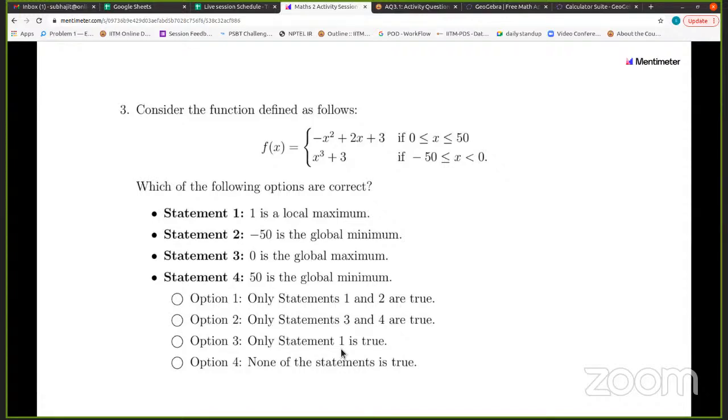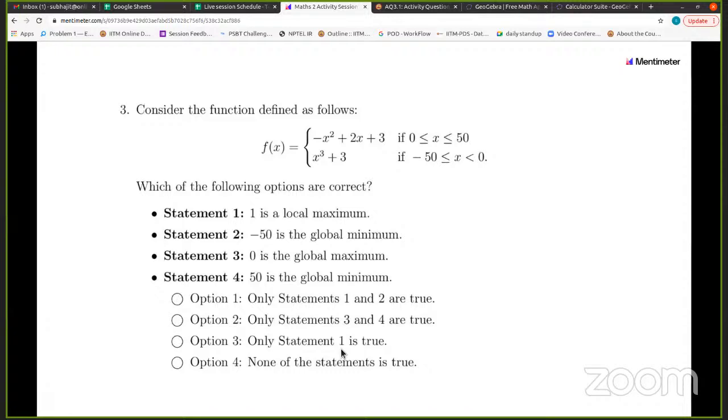If you take the first derivative of x cube plus 3, it comes as 3x square, so x equal to 0 is the only critical point. Then f double dash x comes as 6x, and at x equal to 0 the second derivative becomes 0. So at 0 you cannot conclude from here, right?